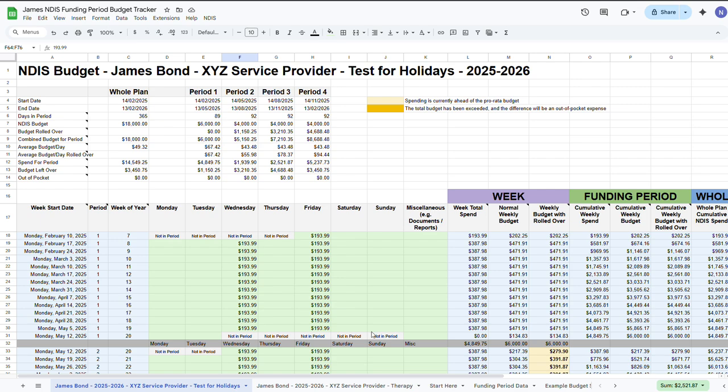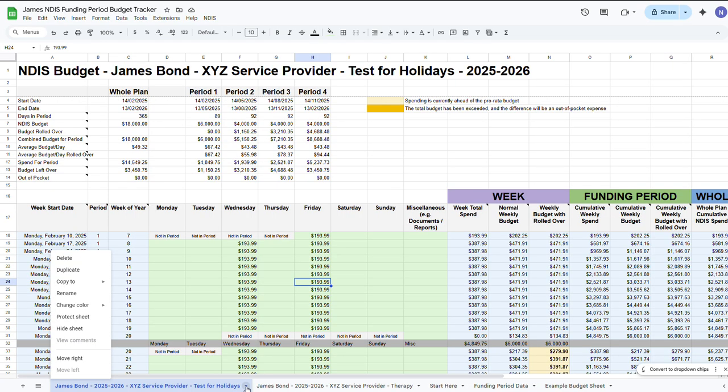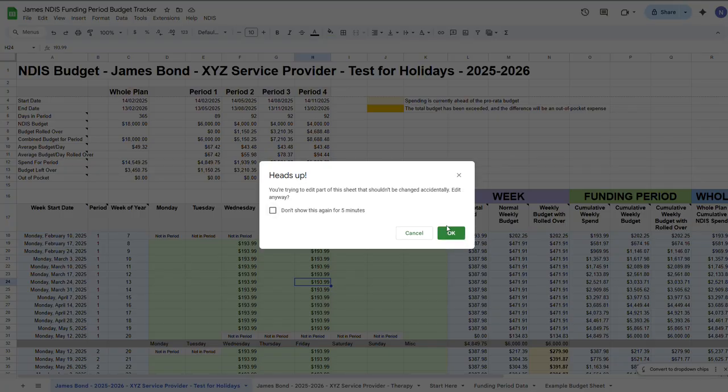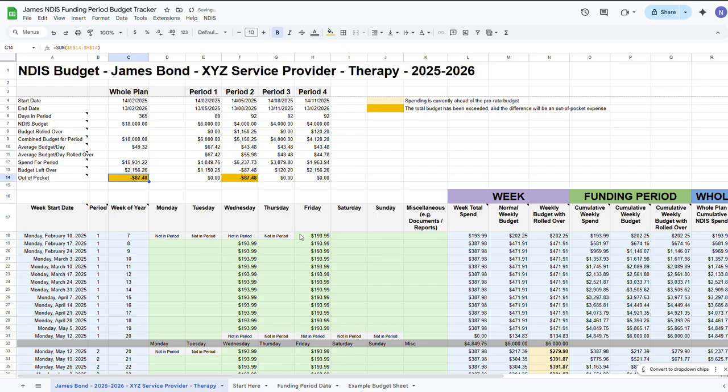And then in this example, it might be I've decided actually I'm not going to go away on holidays, so I'll just click on the little down arrow here, click on delete, it asks me if I wish to delete it, I click on yes, and then that sheet is gone for my test there. So you can create as many sheets as you like to play around with different scenarios.